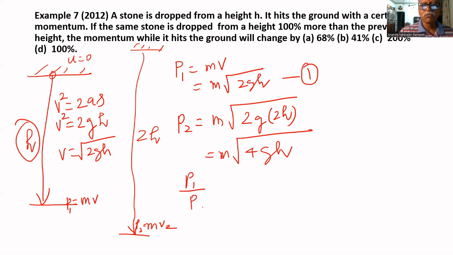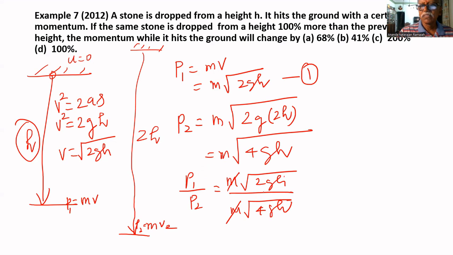What is the ratio? P1 by P2 equal to m root 2gh divided by m square root of 4gh. m getting cancelled, gh also getting cancelled. That is equal to root 2 divided by 2.